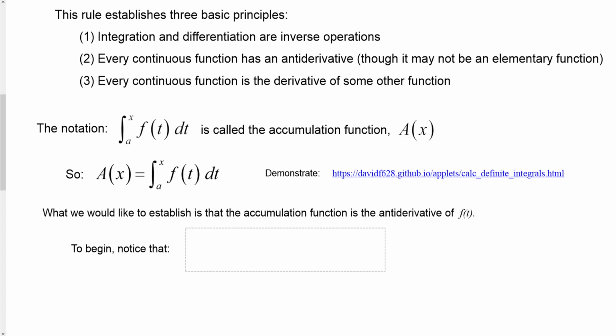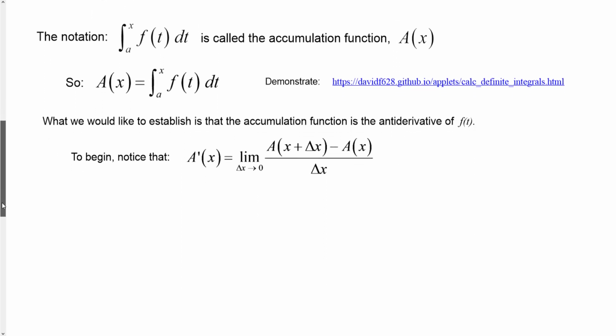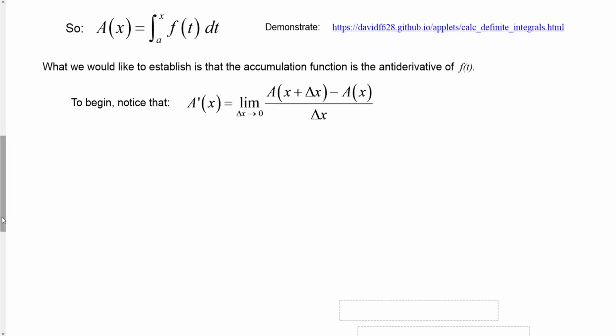Let's start out simply here. So we're going to try and establish that the accumulation function is the antiderivative of f of t. So let's begin doing this by working with something that we know. So we know a little bit about derivatives.